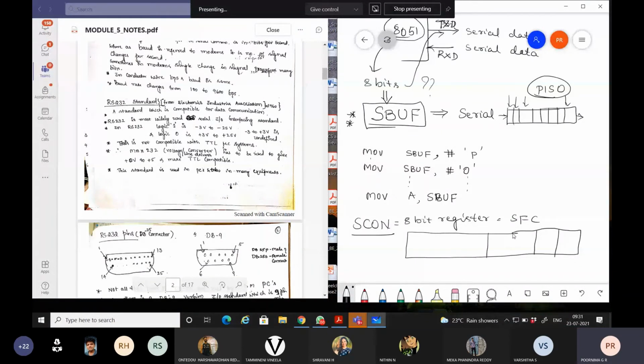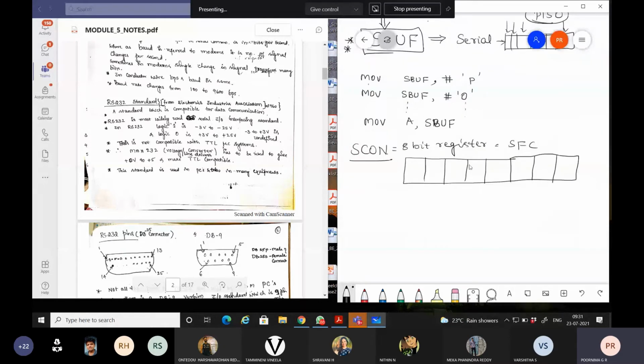Let us take this 8-bit SCON register to see how it represents the functionality. SBUF is simply a register. SCON is a serial mode control register. Whenever serial communication needs to be established with the 8051, this SCON register is to be used.